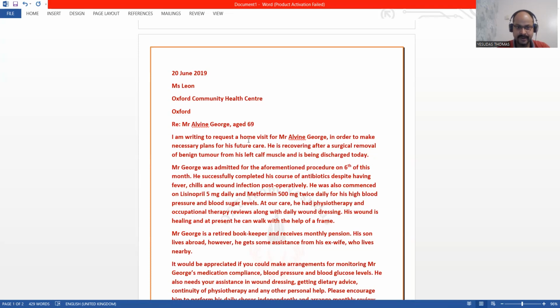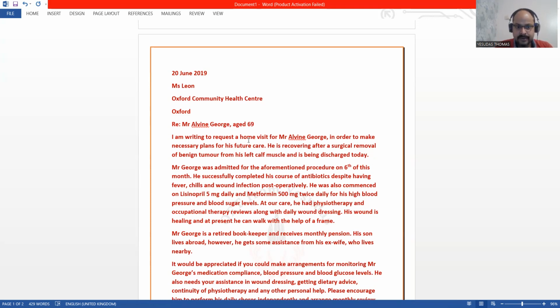So we can make a rearrangement there. So let us change the sentence structure upside down. Instead of completing the course of antibiotics initially, we can write it later, so that would look better.